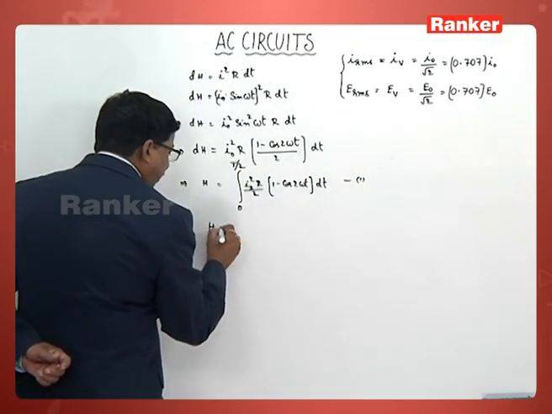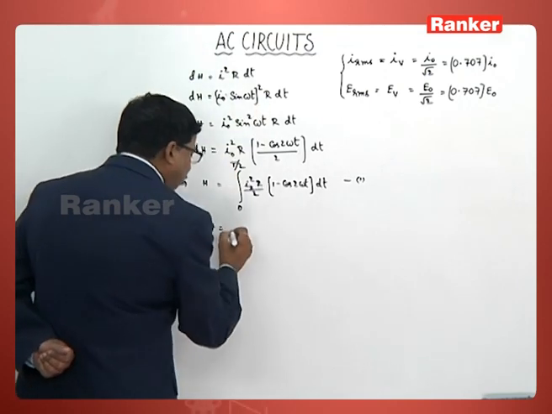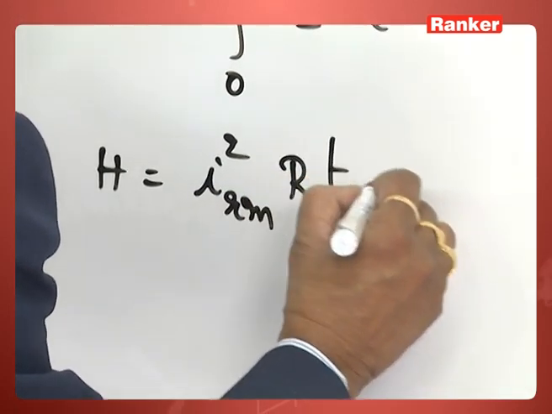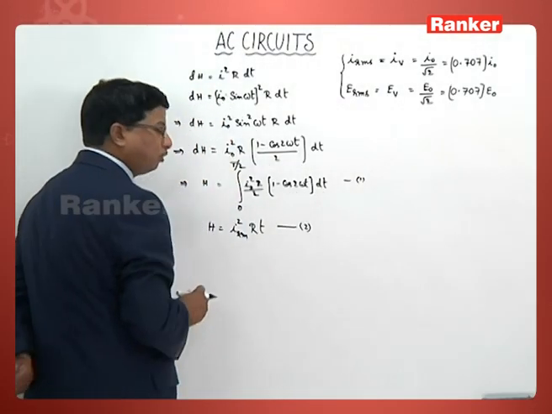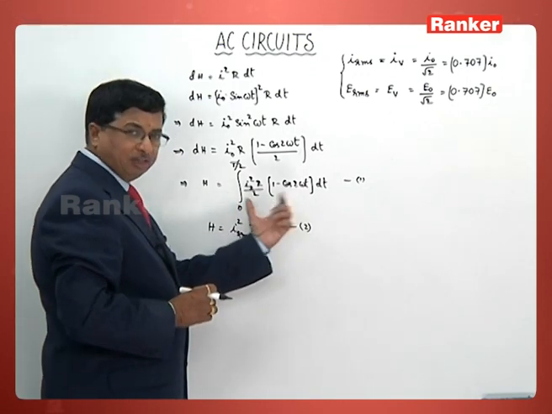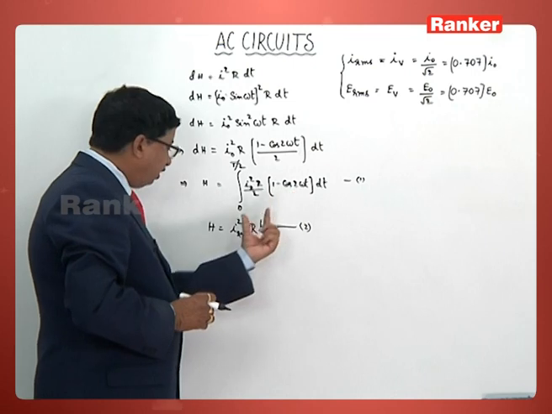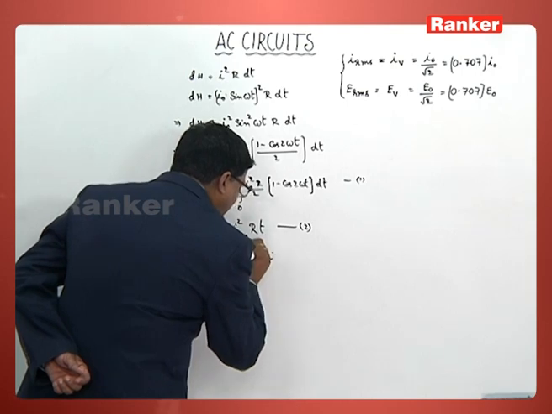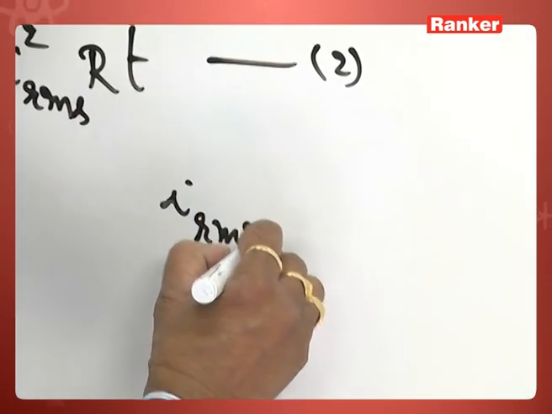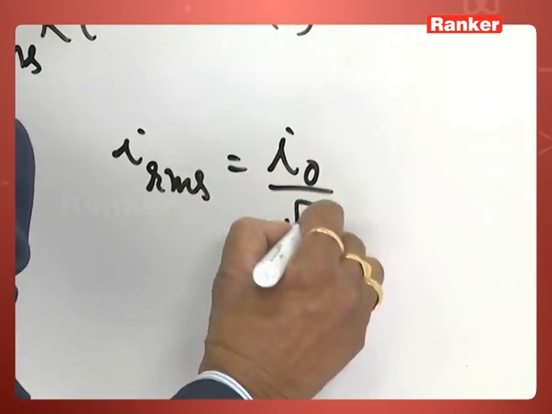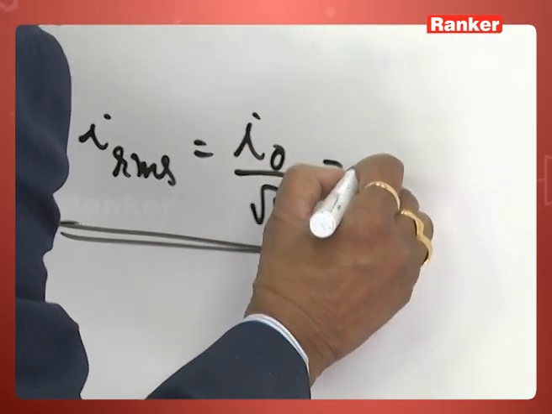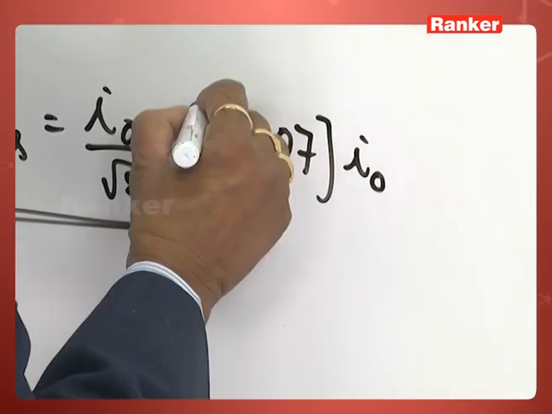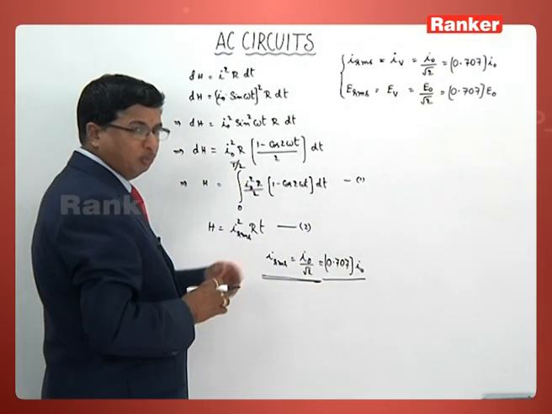The same H we can write in terms of the RMS value as I RMS square into R into T, which I take as the second equation. Integrating this and equating it with this equation, we finally get I RMS is equal to I naught by root 2, which we can write as 0.707 I naught.